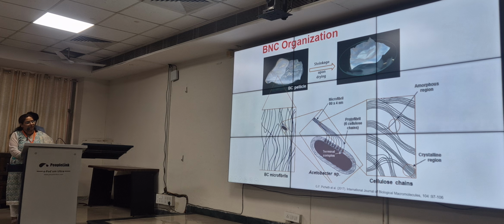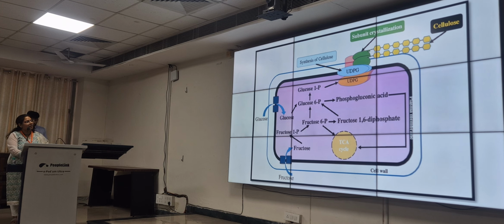These protofibrils get together in a bundled form and form the microfibrils, which ultimately turn into this hydrophilic sheet-like structure. And this sheet can be used as such for wet end applications like wound dressings and drug delivery, and it can be dried and used for packaging applications. It has potential for use in different techno-industrial applications.